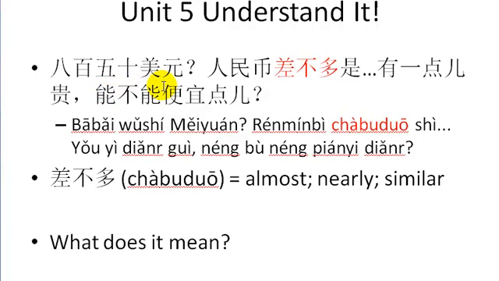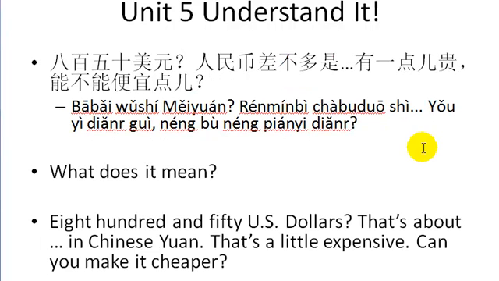So he's 850美元, 人民币差不多是, and then he says some amount here that's not important. And then he thinks 有一点儿贵, 能不能便宜点儿? You should be able to recall this here. So pause and write down what you think this means. Okay, so $850 US, 850美元, that's about so much money in Chinese yuan. 人民币差不多是.